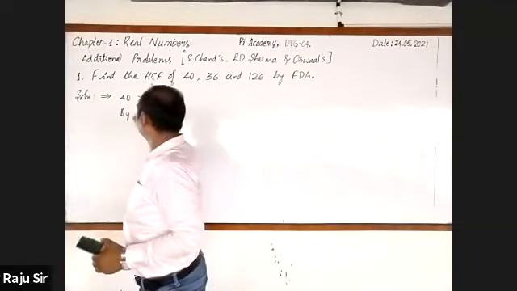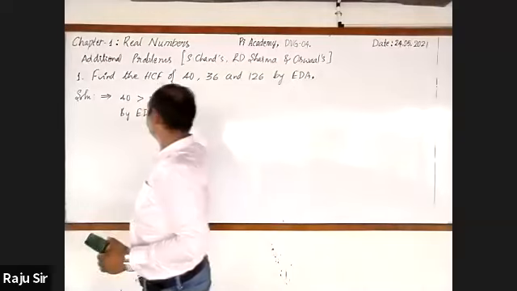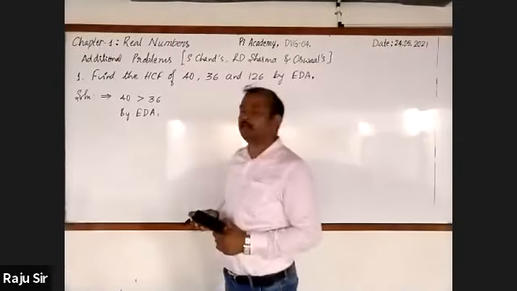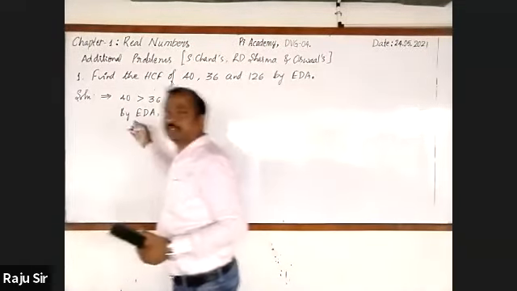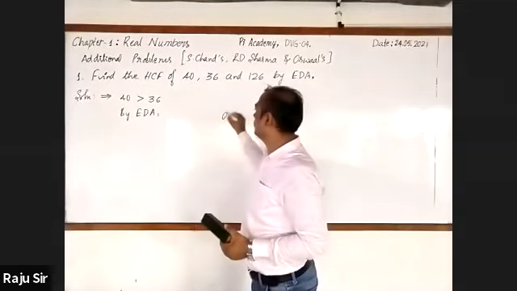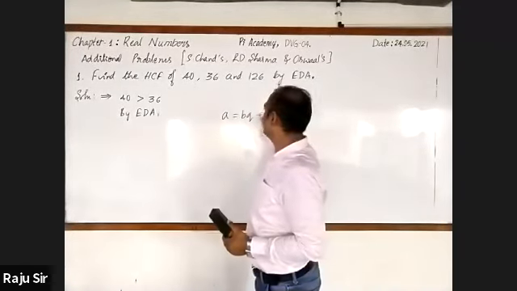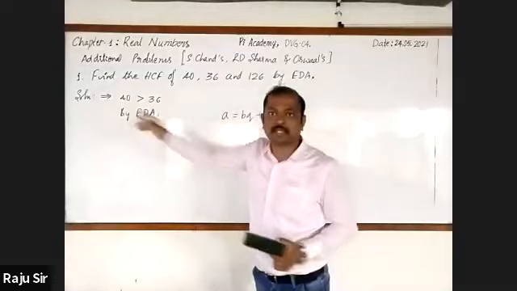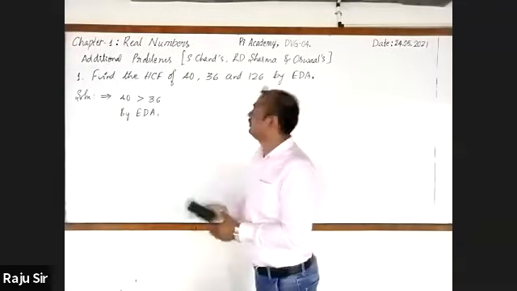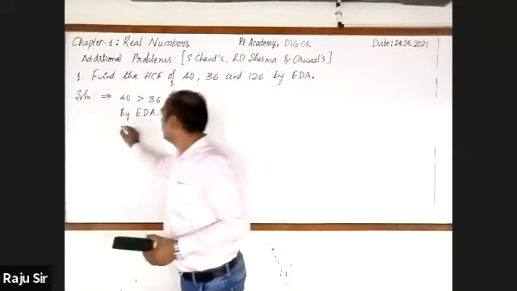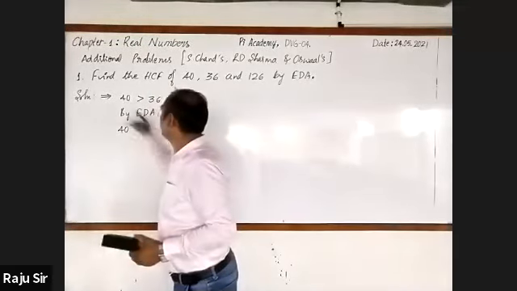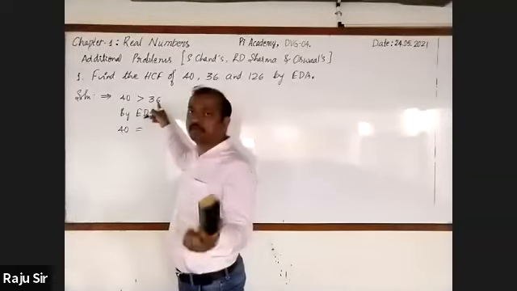By Euclid's division algorithm or lemma, start expressing the given numbers in the form a equal to bq plus r. As these numbers are very simple, let us write it directly. Dividing 40 by 36, you will get 4 as the remainder.